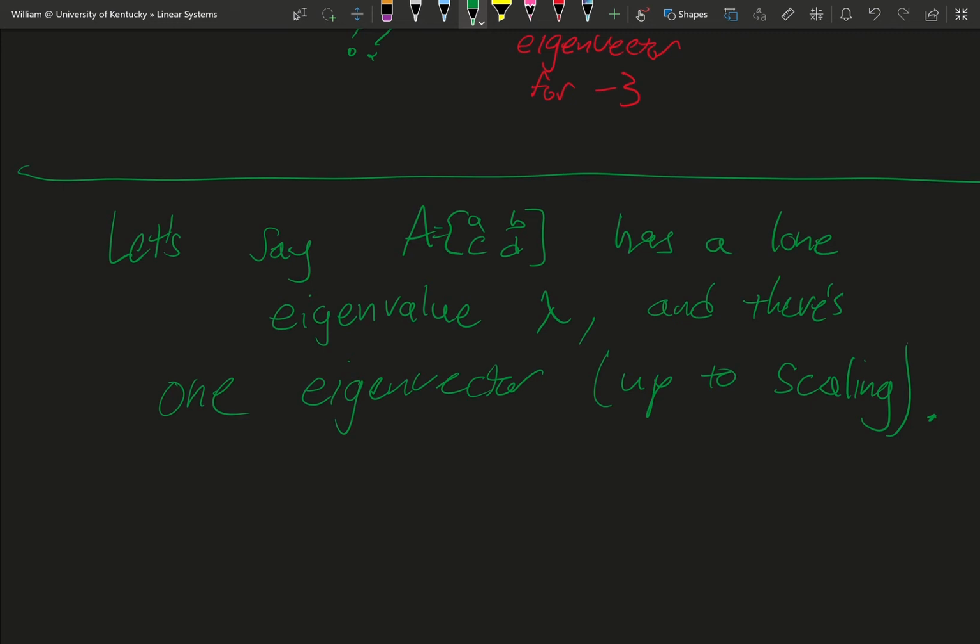So in this case, we say lambda is a defective eigenvalue.